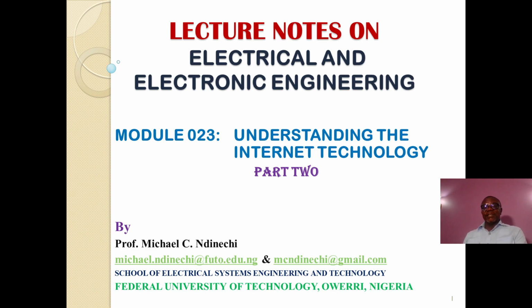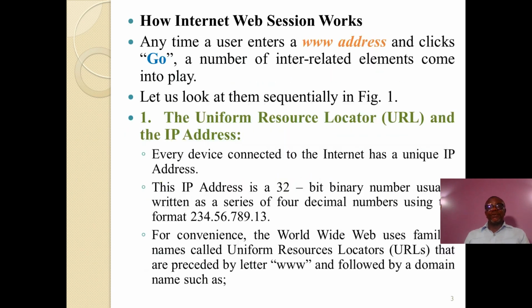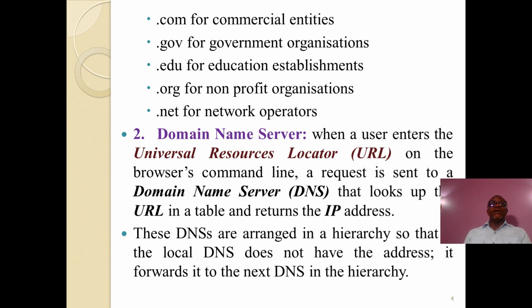If you look at the Gmail home, you see that it is gmail.com, meaning that Gmail is a commercial entity. So every resource device connected to the internet must come with one of such extensions: .com, .gov, .edu, .org, or .net.